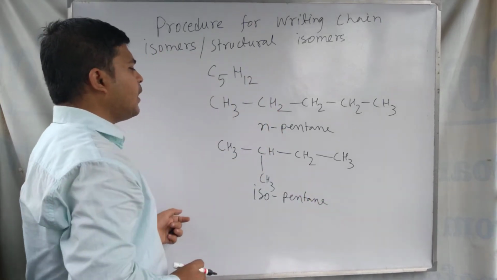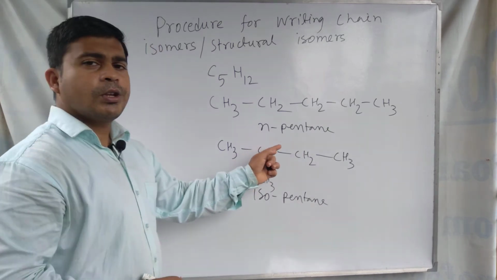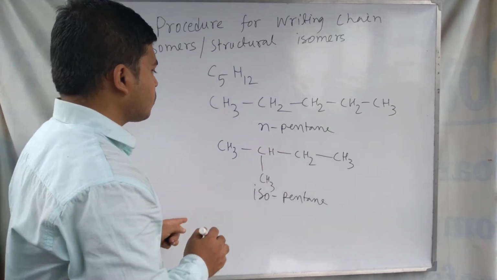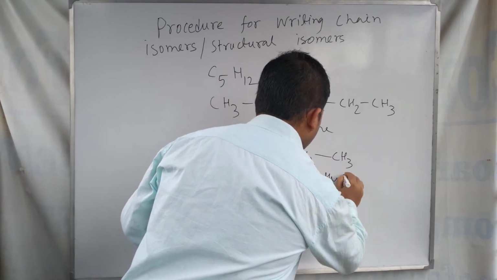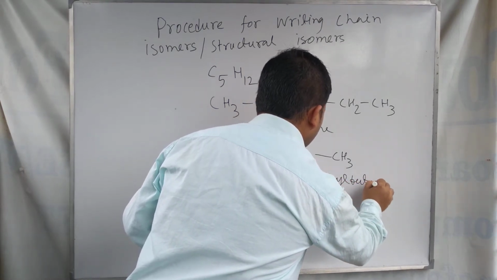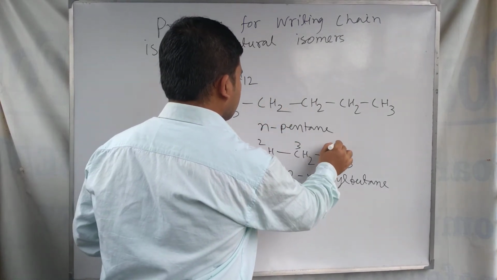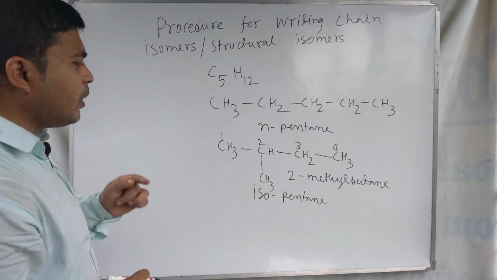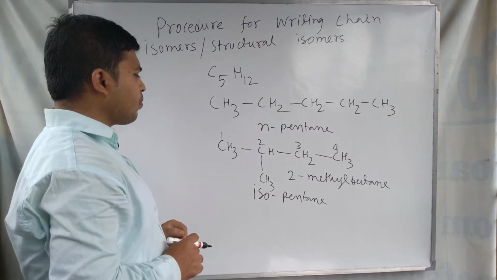Or you can say, numbering 1 2 3 4, 2-methylbutane. 2-methylbutane is the IUPAC name of this molecule.